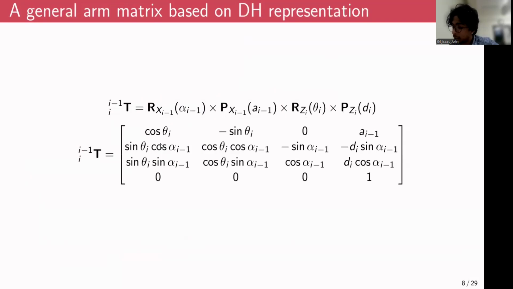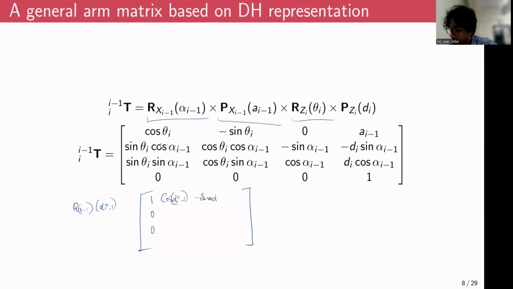Because you essentially know what these individual matrices would look like. For example, R x i minus 1 by an angle alpha i minus 1 would look something like this. It will be 1, 0, 0, then cos alpha i minus 1, then minus sine alpha i minus 1, then sine alpha i minus 1, then cos alpha i minus 1, then 0, 0.